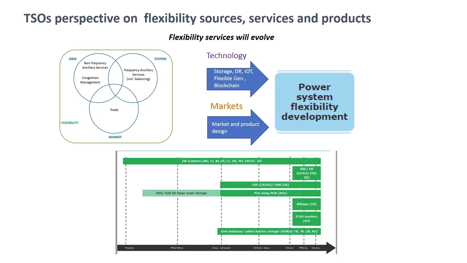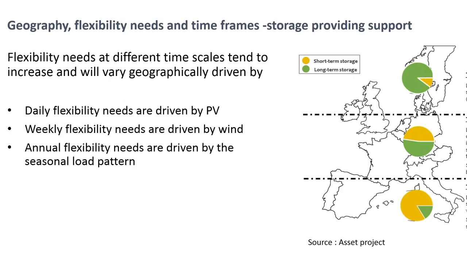Talking a little bit about the products, storage as a technology, for instance the batteries, can provide flexible ramping up and down products. The frequency control can also be ensured by the storage, or storage can be combined with the existing assets, for instance the grid, and can ensure actually deferred investments in the system.